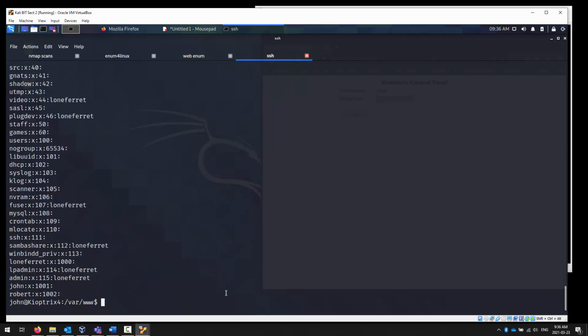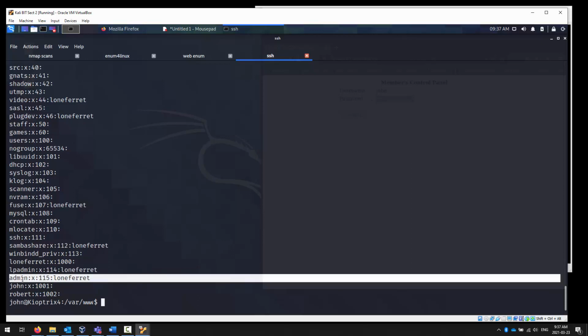And right away I start seeing John's group, Robert's group, an admin group that has Lone Ferret in it. Lone Ferret seems to be someone who has a lot of involvement in a lot of things. Lone Ferret is starting to look a little bit like an admin again on this environment. And surprisingly, Lone Ferret is in a group called admin.